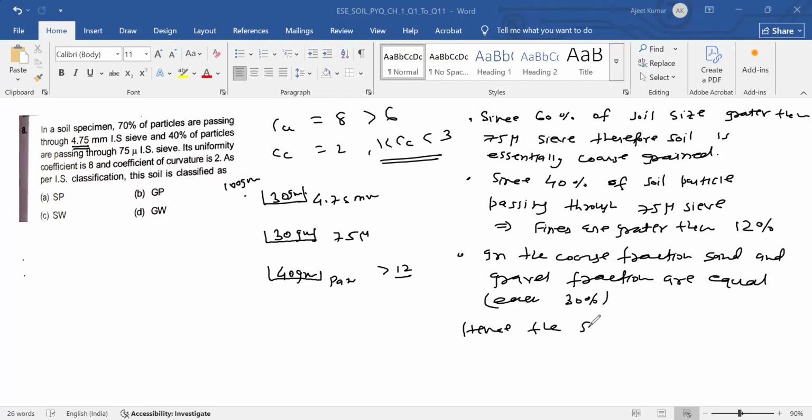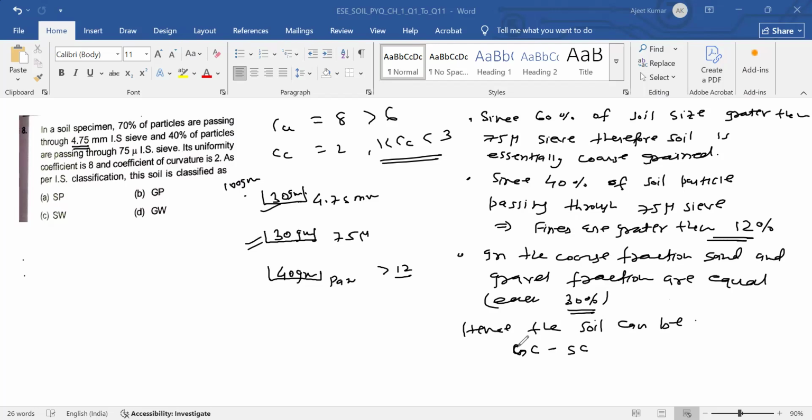hence the soil can be GC, SC, clay of. Fines is more than 12%, so it must have clay nature, and it may be gravel or it may be sand also, because 30%, 30% and 30%.